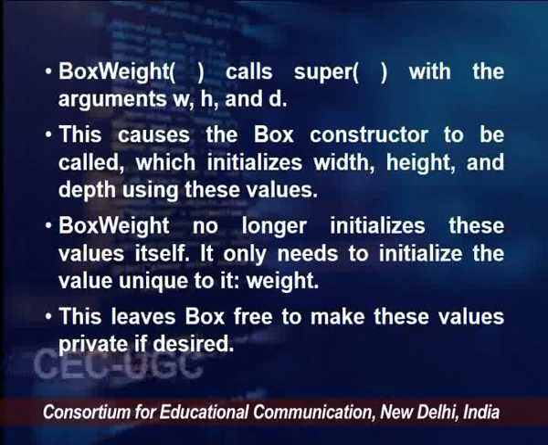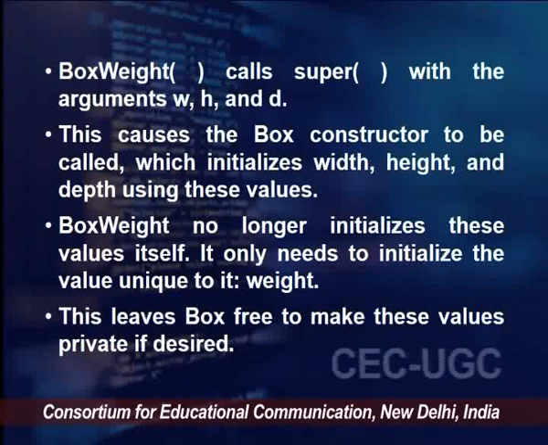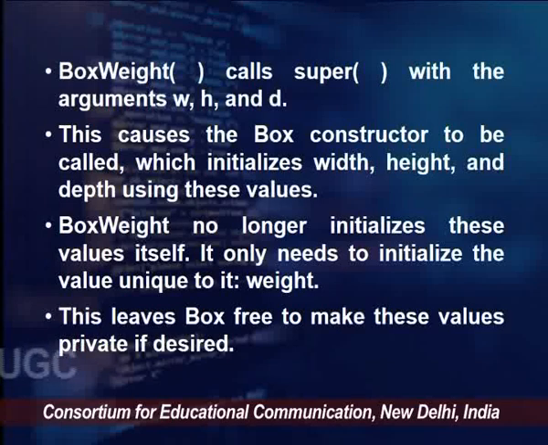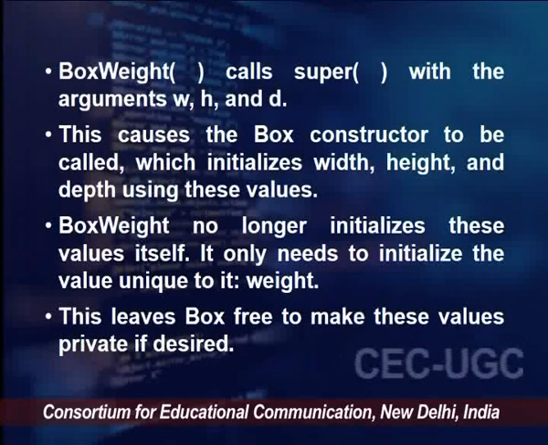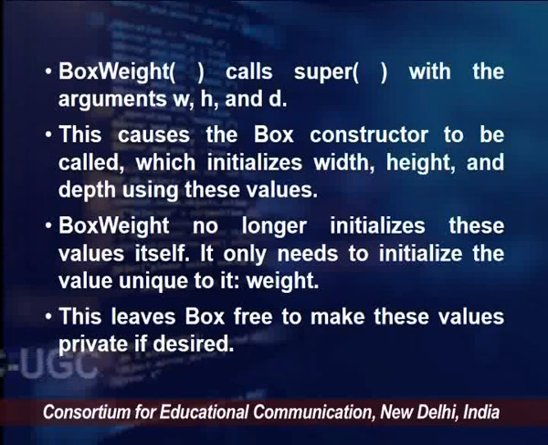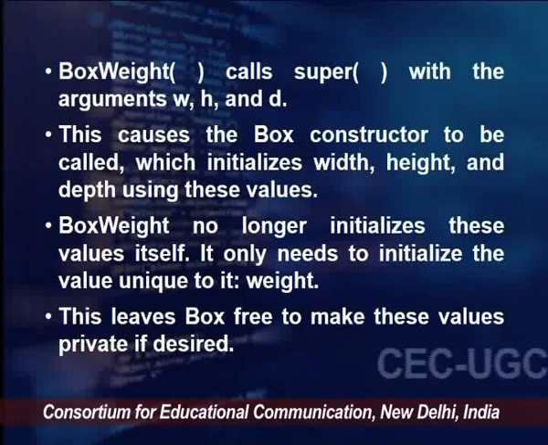This keyword super is used with the arguments w, h and d, and this will cause the Box constructor to be called, and the variables inside the Box constructor, which are width, height and depth, are assigned by w, h and d passed through the keyword super. BoxWeight no longer initializes these values itself.